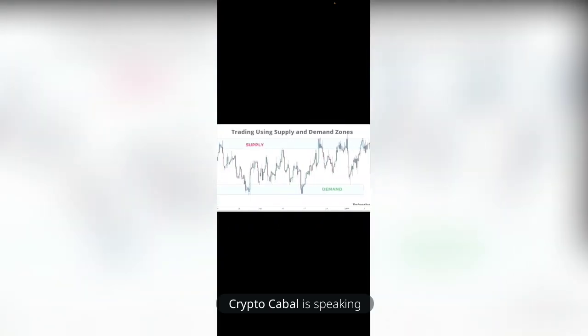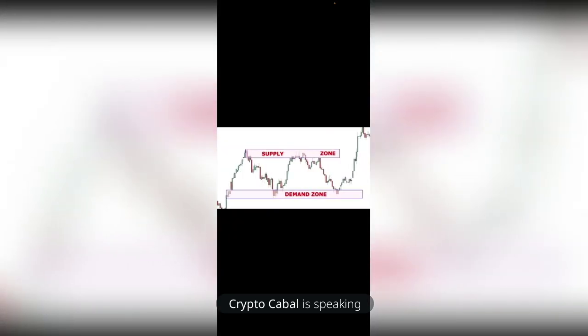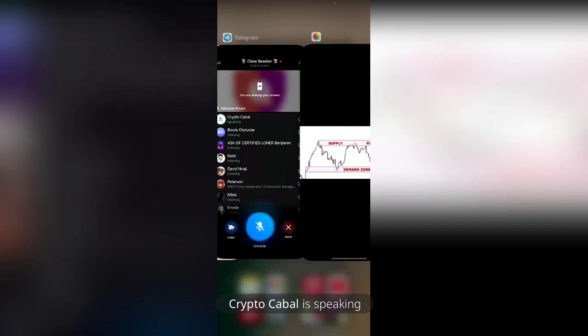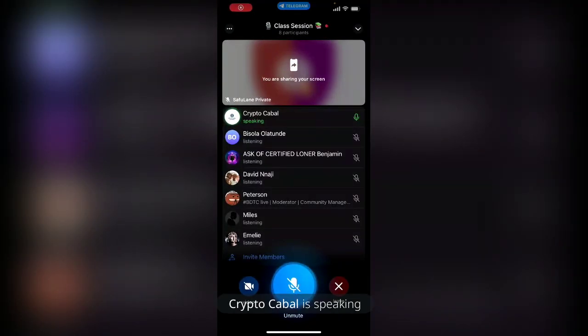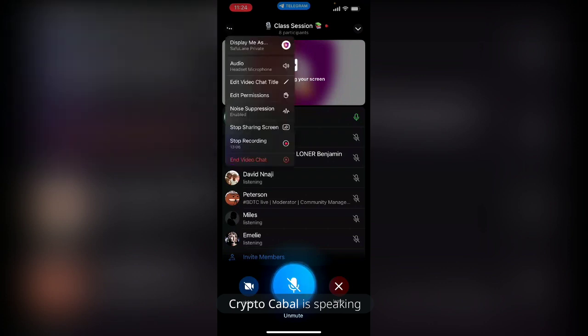If you pay close attention, you see that support and resistance and supply and demand are almost working hand in hand. Supply and demand is more of an advanced concept of support and resistance, because supplies are more like resistance zones, and demand zones are more like support.